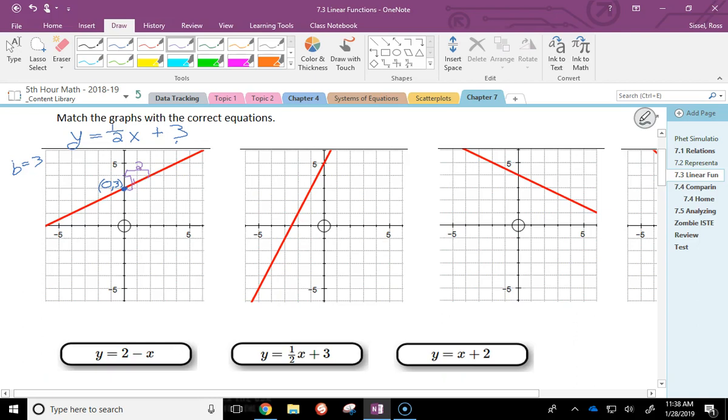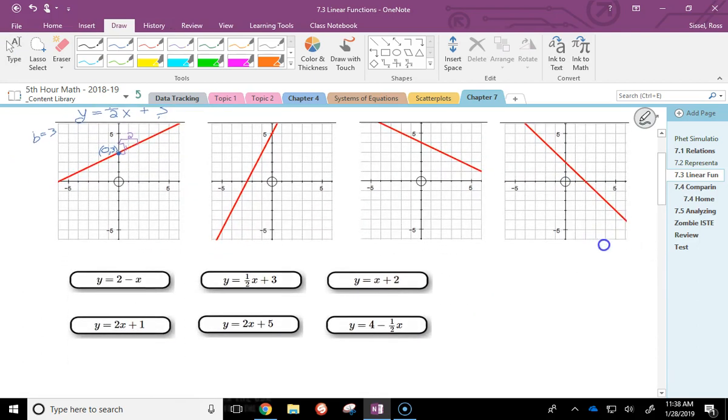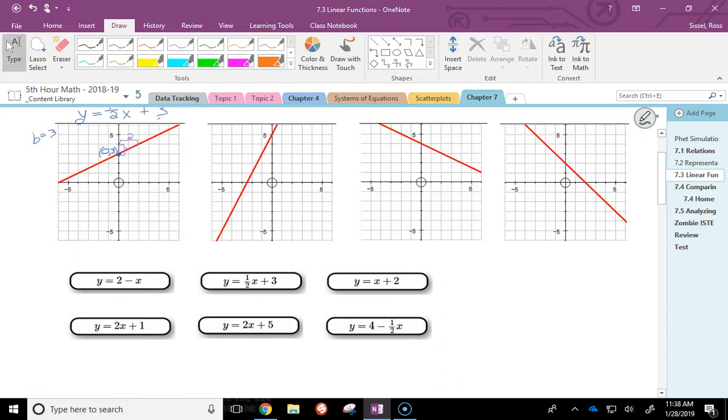What we have to make sure we're doing is we want to identify always 2 things. We want to identify our slope as our rise over our run, and you want to find your y-intercept.